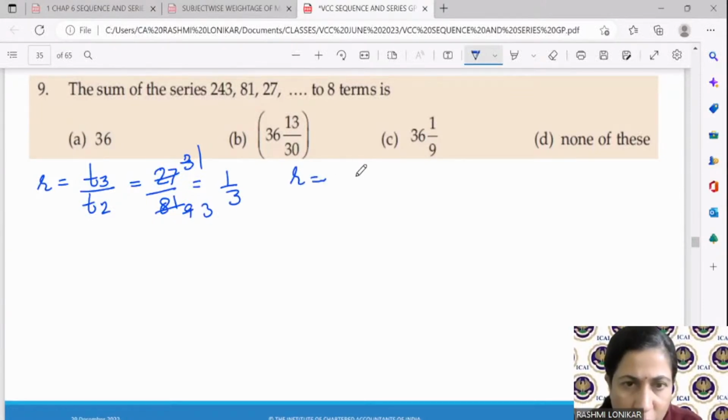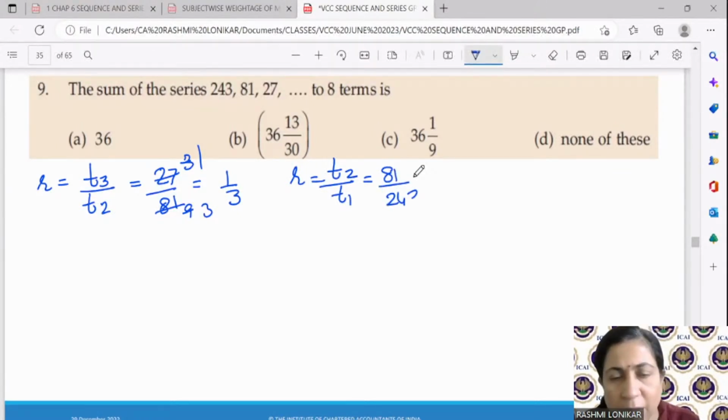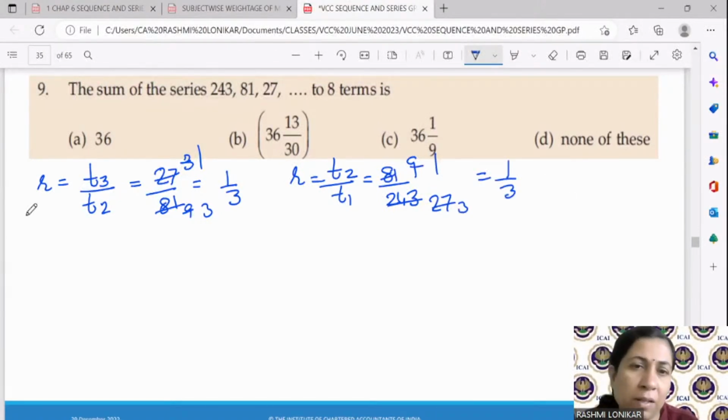R, which is equal to T2 upon T1, is 81 upon 243. 9 9s are 81, 9 27s are 243. So this is also equal to 1 by 3.